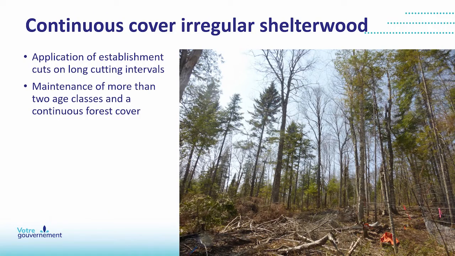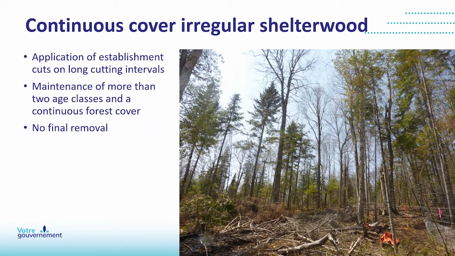It's rather the basal area, the residual basal area, that you control, for instance. The goal is to establish a cohort at each entry so that you have continuous cover and an irregular stand structure. And the main difference with the two other variants is that there is no final removal.